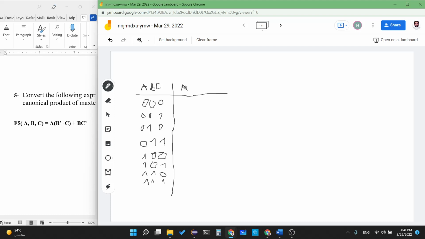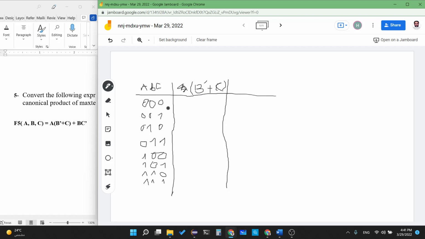Okay, let's continue. Here A and B bar or C. You can do it in steps if you want, and you don't take the A, so that you make less errors.